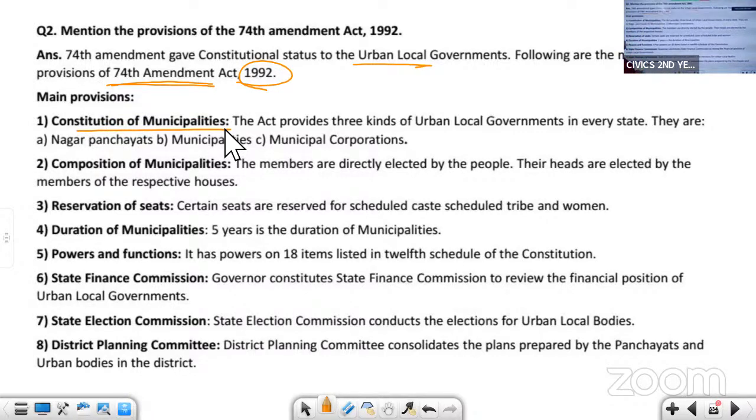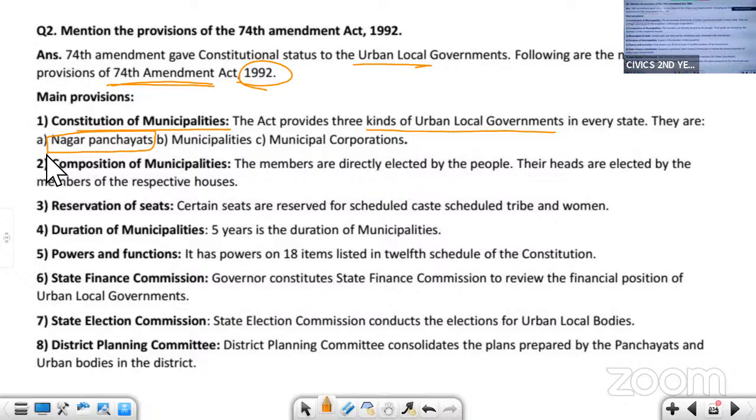Okay, so here we have 3 kinds of urban local government. As we have at rural local government 3 levels: village, mandal, then zilla, similarly for urban also, we have 3 kinds of local governments. First is Nagar Panchayat. So what is this Nagar Panchayat? Nagar Panchayat is for the areas which are in transition. In transition means they are converting from rural to urban.